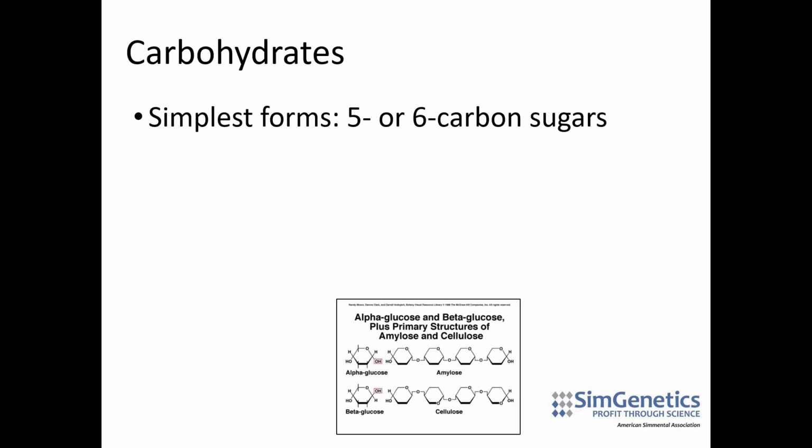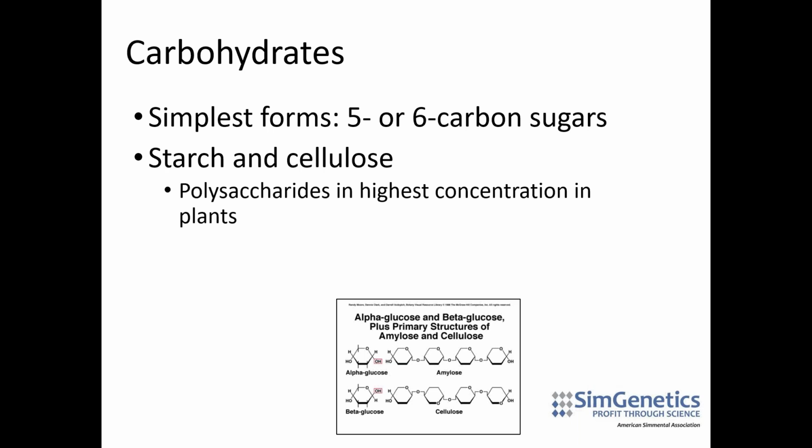Carbohydrates: the simplest form of carbohydrates are single sugar molecules that might have 5 or 6 carbons. Those are often hooked together, 6 carbon sugars, to make longer strands. Starch and cellulose are 2 examples.